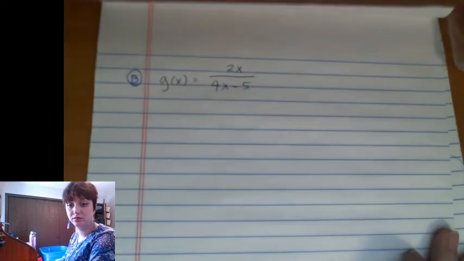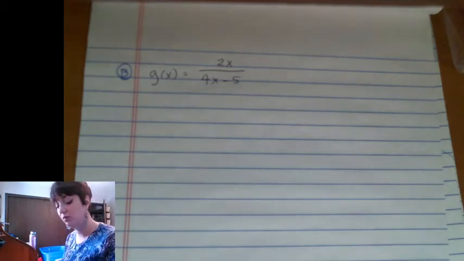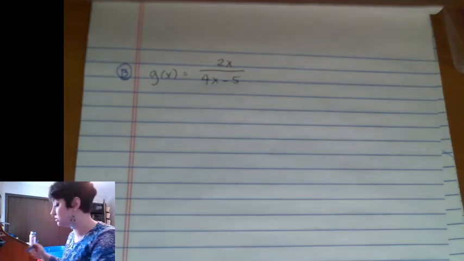For the next one, let's do g of x is 2x over 4x minus 5. So g of x equals 2x over 4x minus 5. Same two conditions.